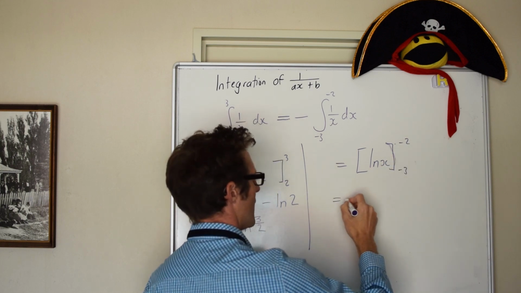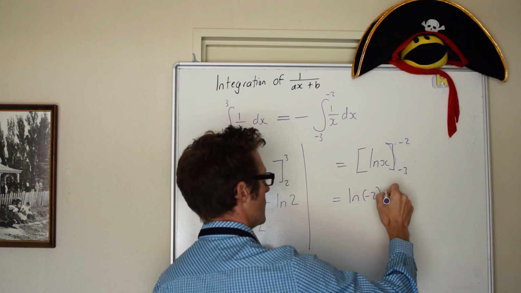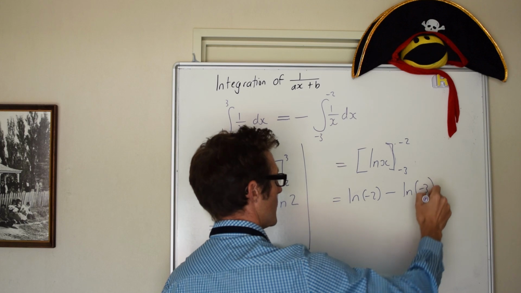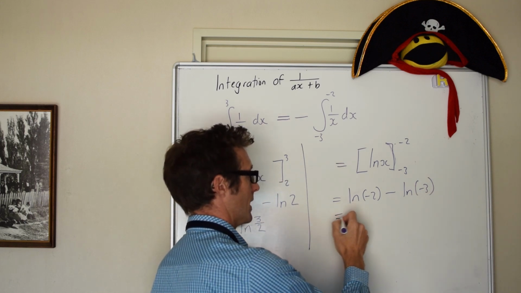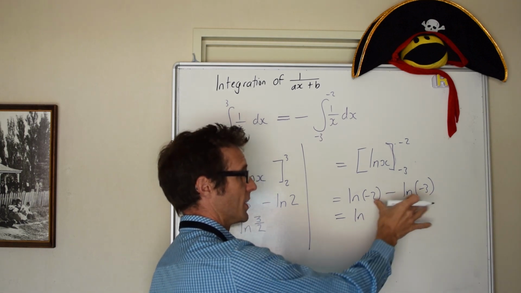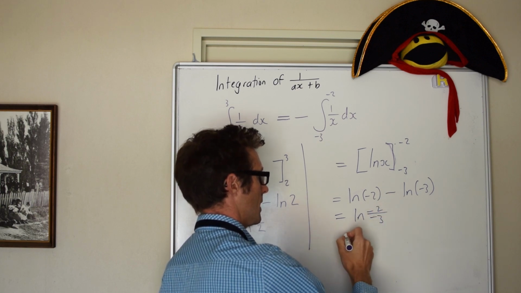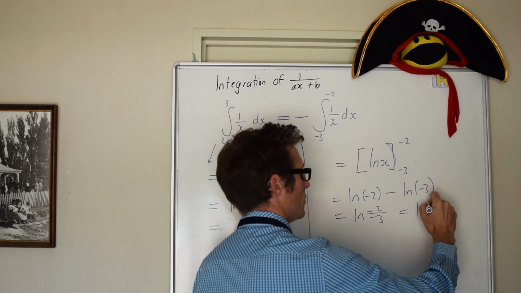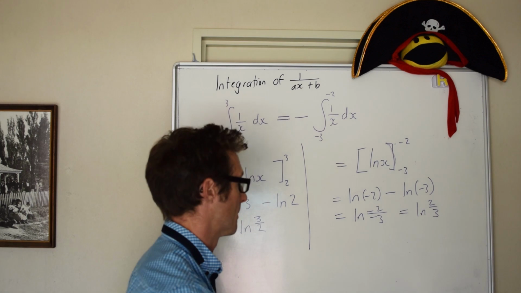And so we would write this as ln minus 2 subtract ln minus 3. Okay, so this will give us ln, and using our log rules, we've got minus 2 over minus 3, and we can simplify that to ln 2 over 3, since minus 2 over minus 3 is the same as 2 over 3.